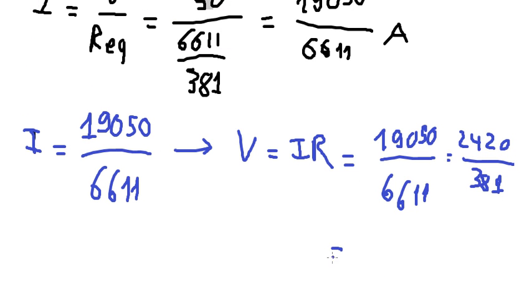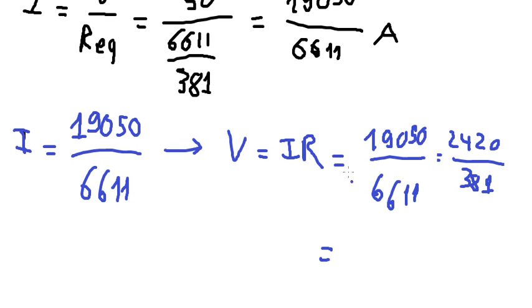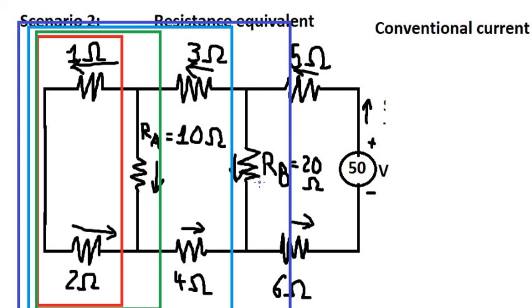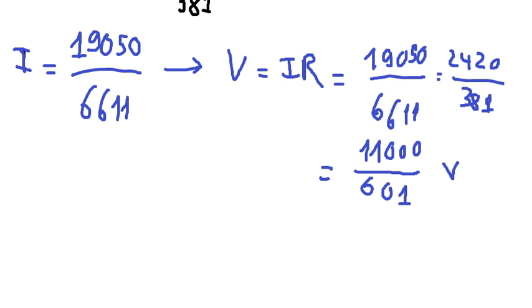So we got 11,000 over 601. So in the purple, we can see that RB is parallel to the blue. So that means the voltage of RB equals this number in here. So that should be this one.